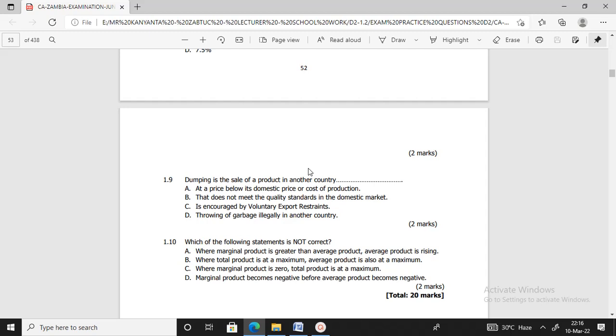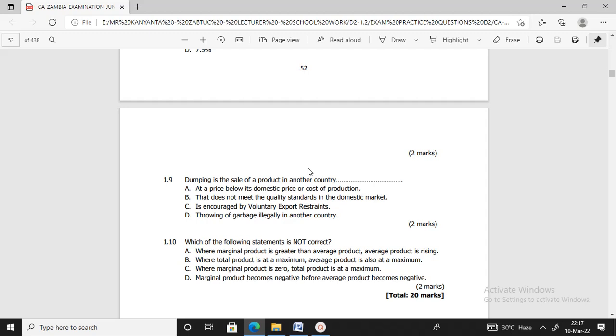So if the marginal cost is less than the average cost, the marginal cost will be pulling average cost downwards. But if the marginal cost is greater than the average cost, then marginal cost will be pushing average cost upwards. So that's the kind of relationship we have between marginal product and average product. So that statement A is correct, but we are looking for the statement that is not correct.